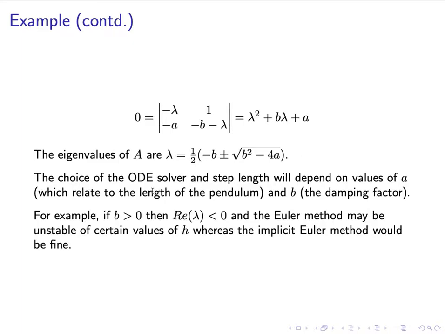So now, if we were to choose an ODE solver for this problem, it depends on what a and b are, or depending upon the choice of ODE solver and the step length. So for certain values of b and lambda, the Euler method may be unstable, whereas the implicit Euler would be fine.